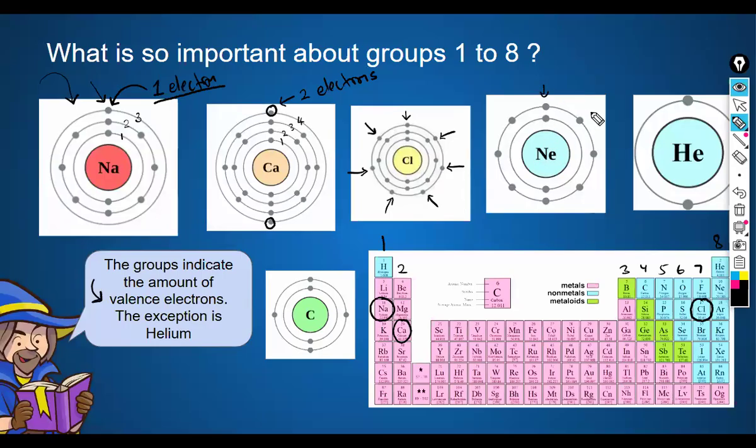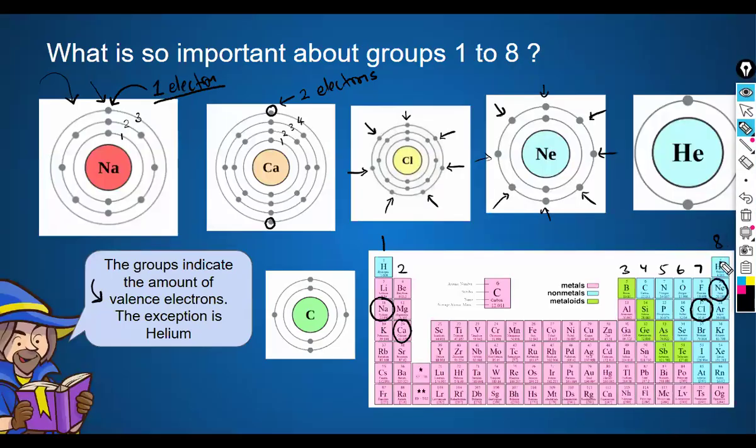Neon has 1, 2, 3, 4, 5, 6, 7, 8. Guess which group it ends up in? Group 8. Right? Now, everybody in group 8 will have 8 electrons, except Mr. Helium. He is just the exception to the rule, and you have to learn to live with it.